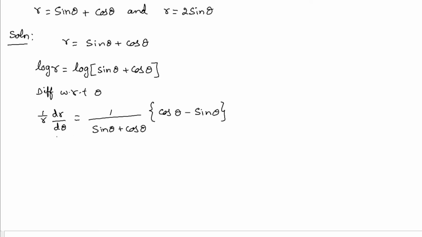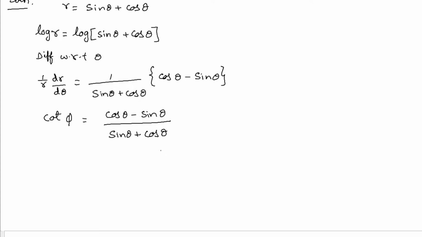We know 1 by r dr by d theta is nothing but cot of phi, which is equal to cos of theta minus sine of theta whole divided by sine of theta plus cos of theta.